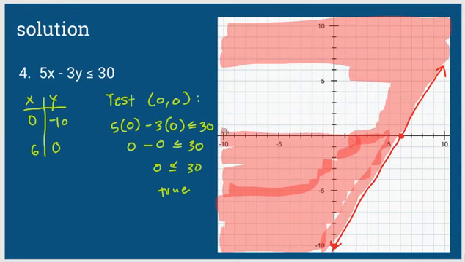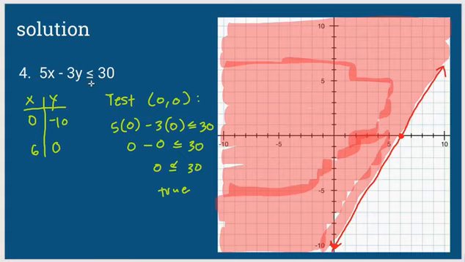Just to review the steps: because this is in standard form, find the x and y intercepts, which will tell me roughly where the line should go. Connect those two points together using a solid line, because this is a less than or equal to situation.